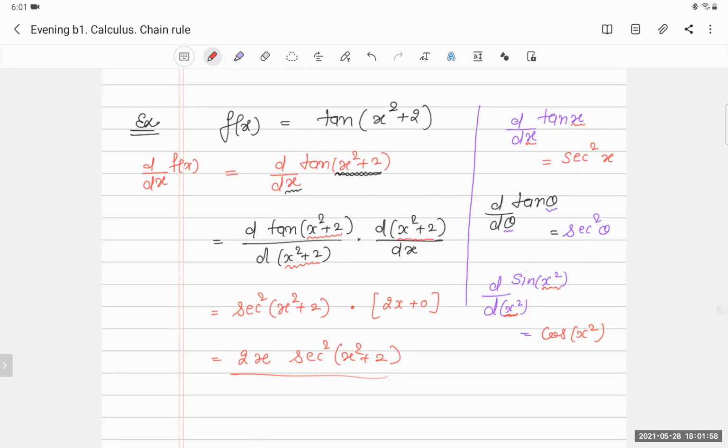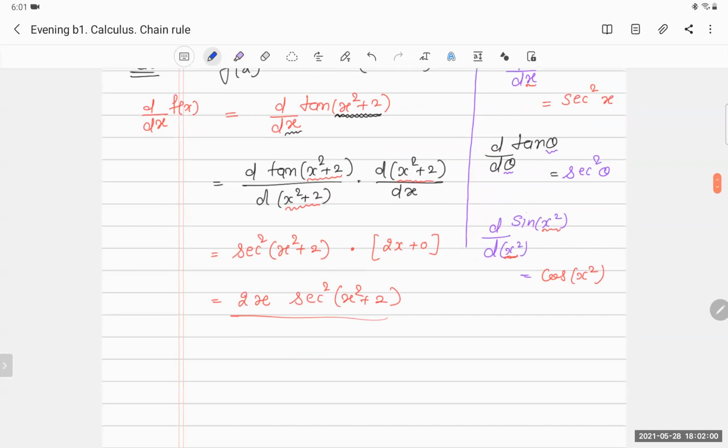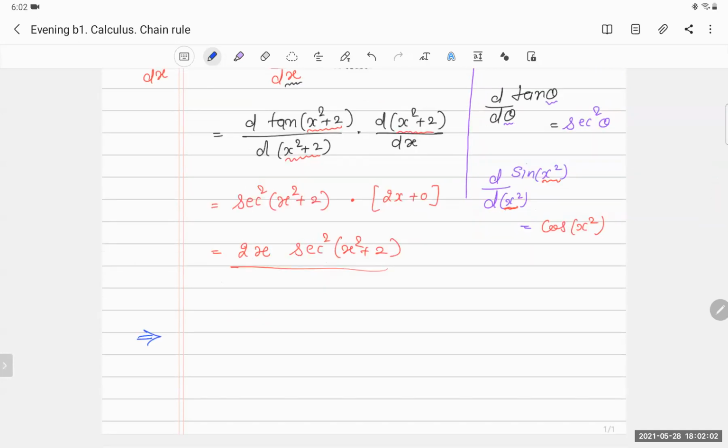No doubt, sir. Okay, now I will give you 2 examples and you guys solve it. Suppose I say f(x) is (x square plus 1) की power 101. Okay, differentiate it. f(x) is sin x की power 6.